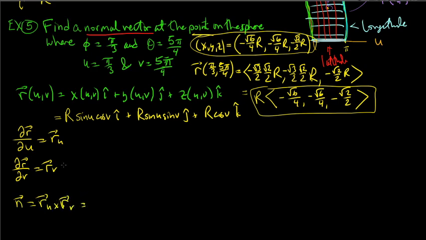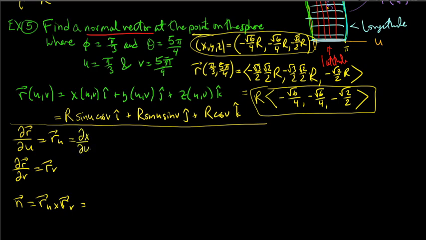Before we take the cross product, we have to find the partial derivatives. And luckily, right above it, we have the parameterization. Let's write this out in detail.